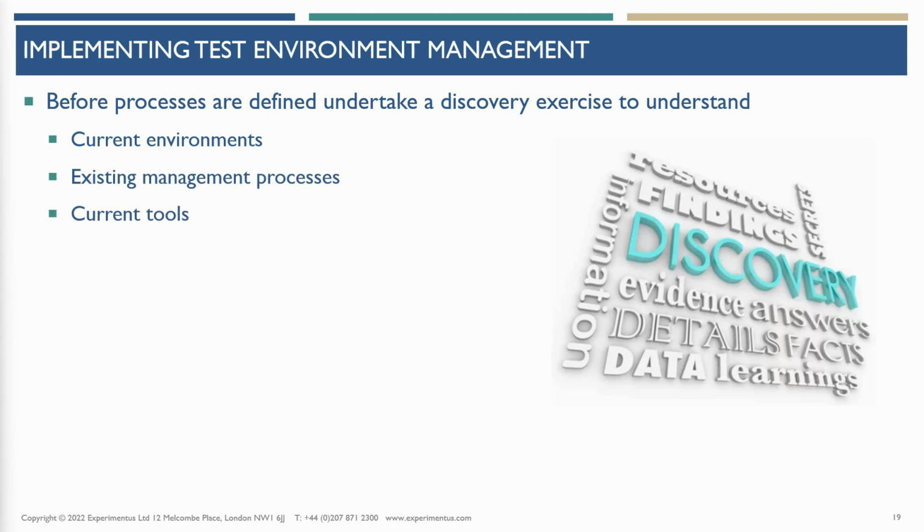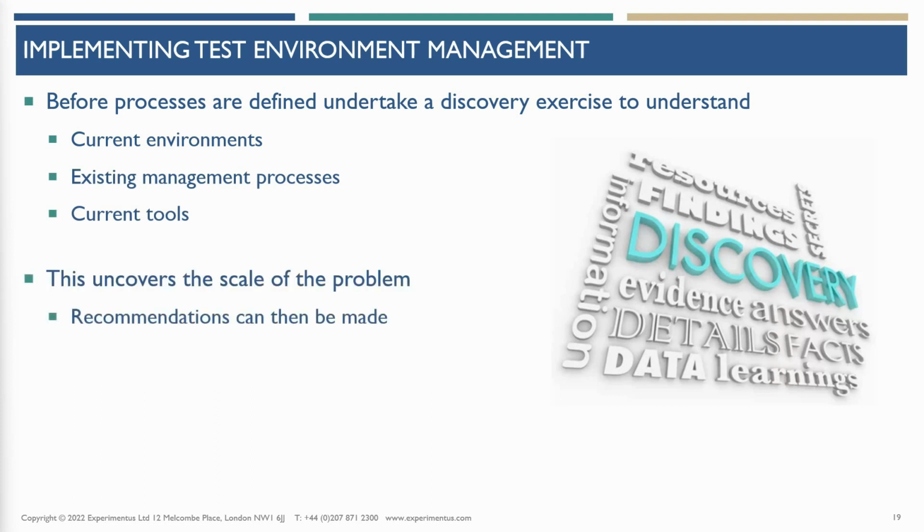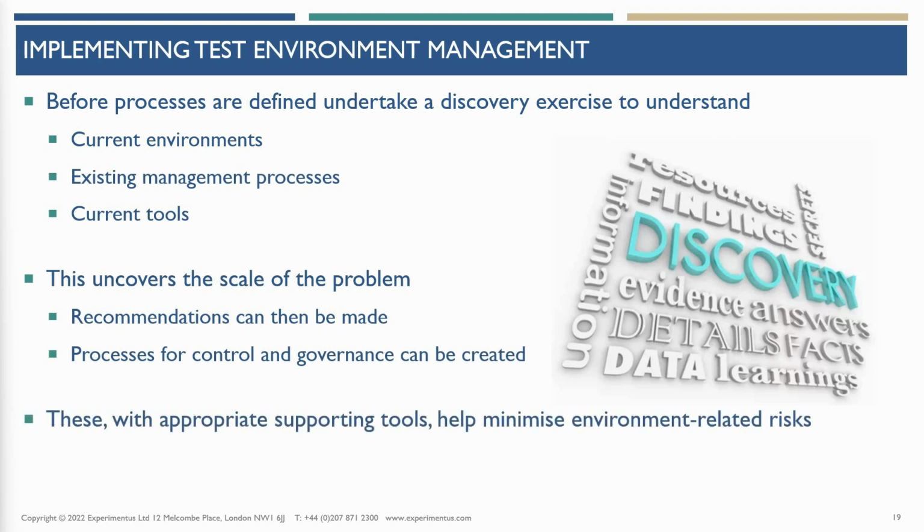This provides information about the scale of the problem, on which recommendations can be based about the best way to manage the environment landscape. Having gathered sufficient information, appropriate processes for control and governance can be created. These processes and controls, together with the appropriate supporting tools, help to minimize the risk of encountering environment-related problems.